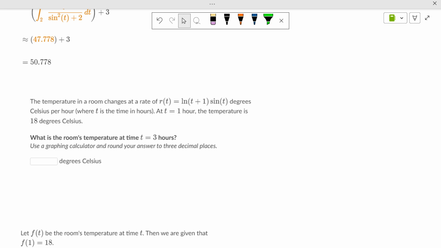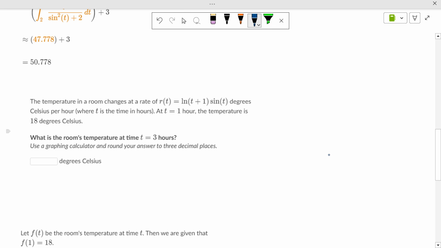The temperature in a room is changing at a rate of r of t equals ln of t plus 1 times sine t degrees Celsius per hour, where t is time in hours. At t equals 1 hour, the temperature is 18 degrees Celsius. What's the room temperature at t equals 3 hours?